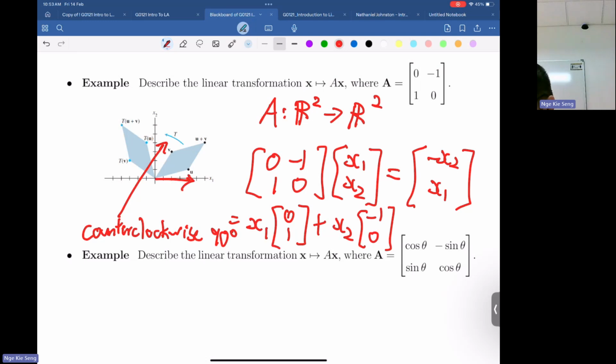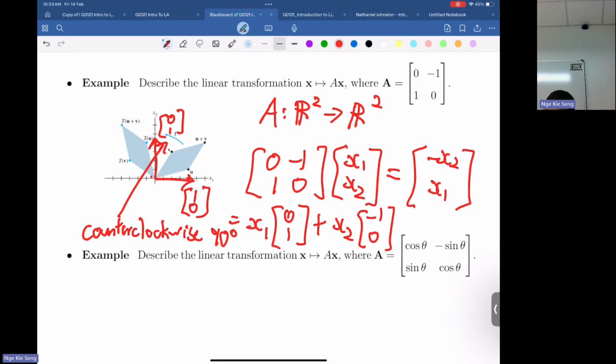How to easily see this? Maybe try the easy vectors first. For example, what happened to 1, 0? It becomes 0, 1. Where is 0, 1? At the top. And where does 0, 1 go? Negative 1, 0.